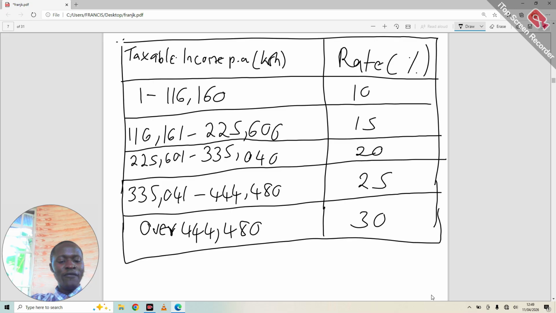Gitau's basic salary for 2003 was 62,500 Kenyan shillings per month. The income tax rates that were applicable are shown in the table below. There is the table. He claimed a personal relief of 1,056 Kenyan shillings per month.